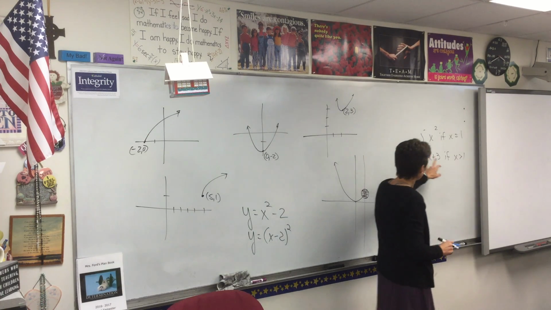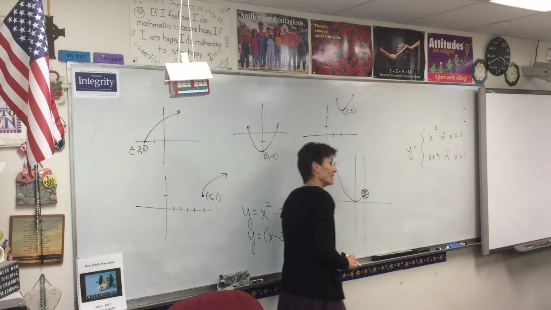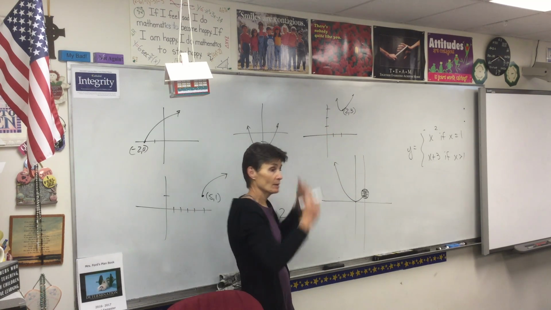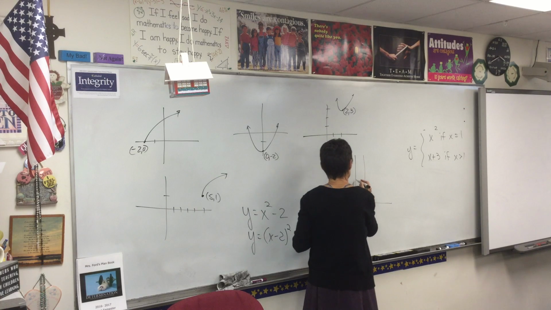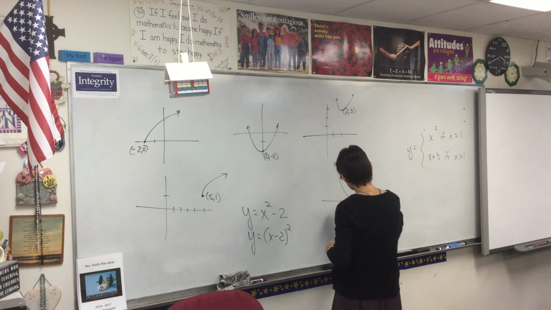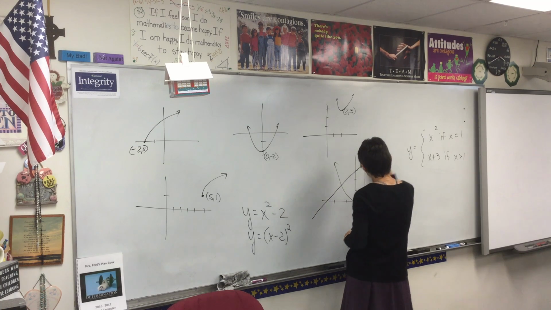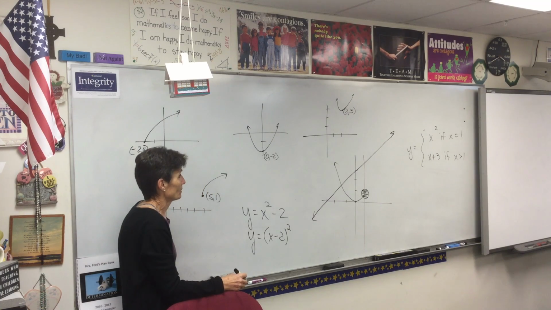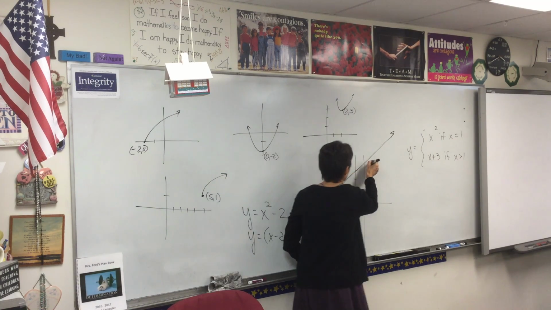What's this equation? Y equals X plus 3. What's that? Identity function. That's an identity line, but it's been lifted up 3. So it's gonna look like that. It intersects my dividing line right here.